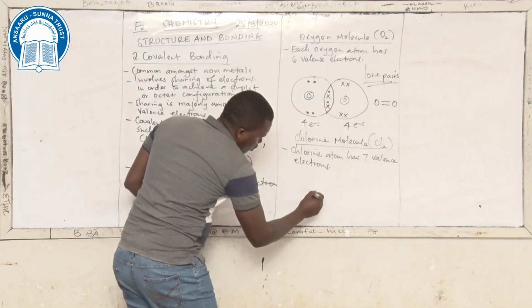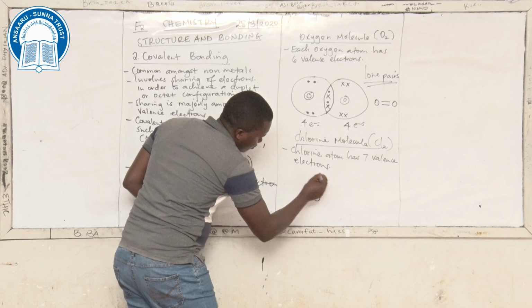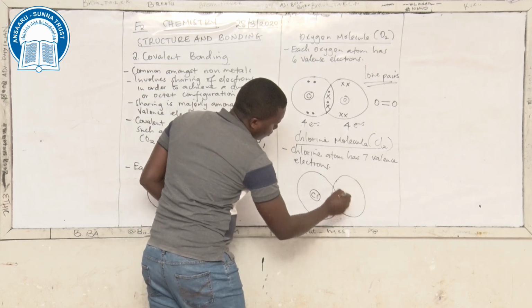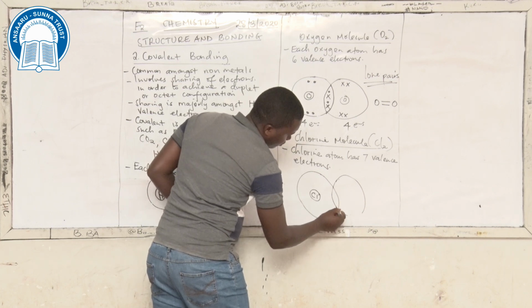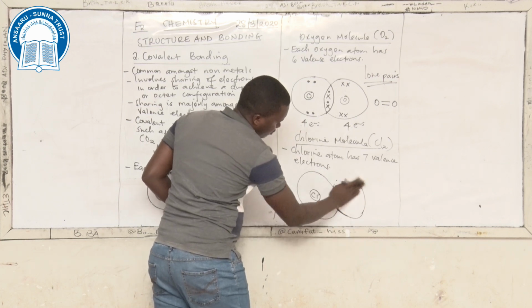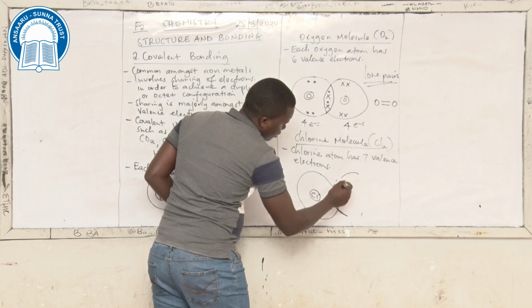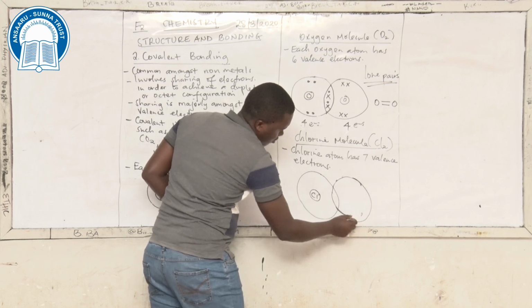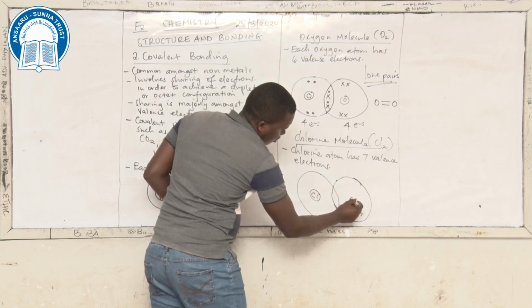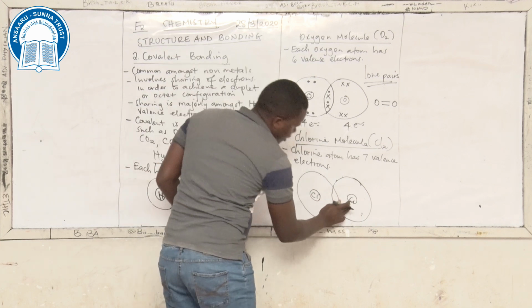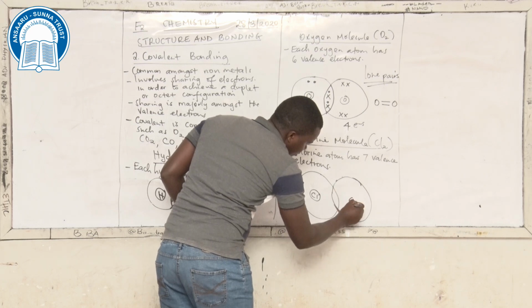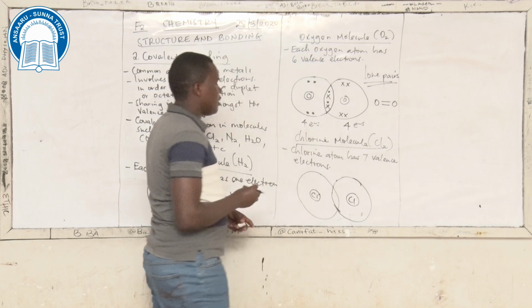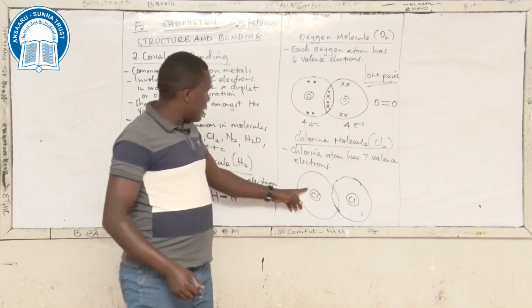So if you are to draw this, let me draw it better. So Cl, that way. So this one has 7.